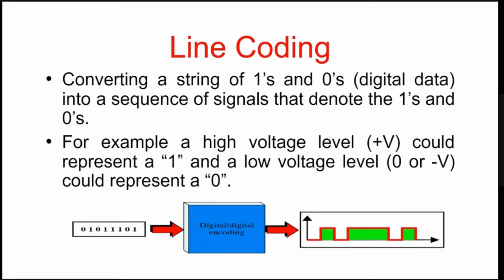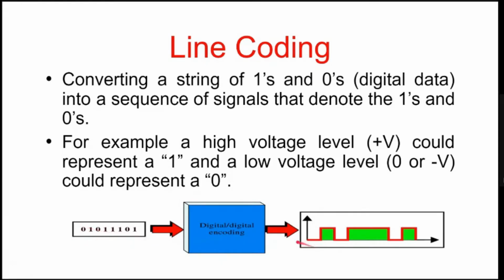So what happens inside, see this diagram here. This is 0 and 1 and 0 1 1 1 again 0 1. So this is binary or digital data. This data will be converted into a signal. So how can I represent that signal? 0 means that is the base, there is no wavelength.